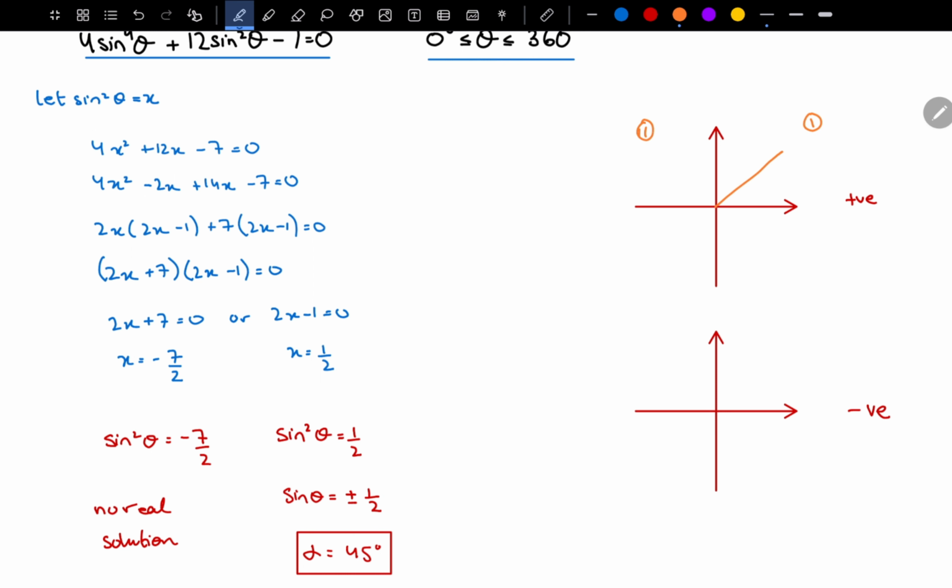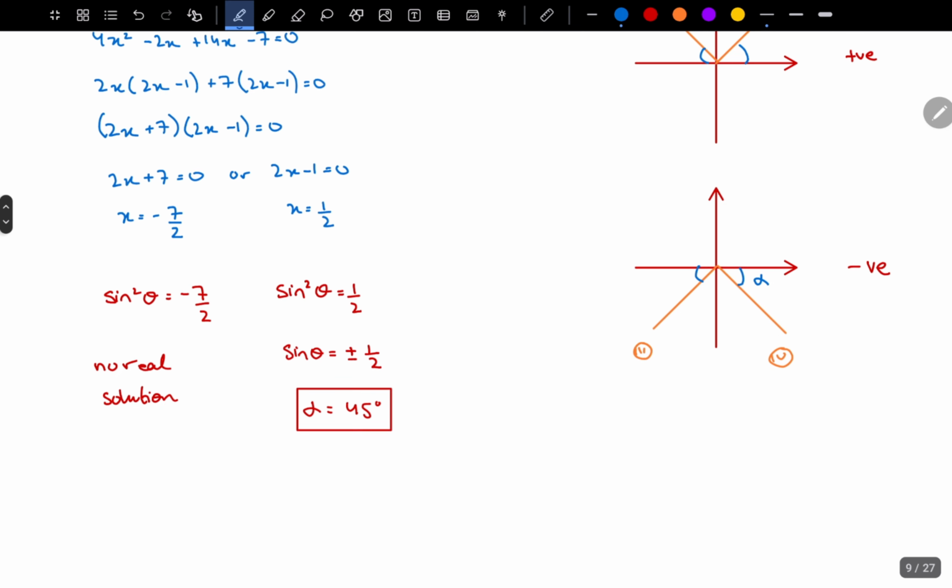So our graph will lie in the first quadrant and the second quadrant, and it will be inverted for the negative value because sine is negative in the third and the fourth quadrant. So our graph will lie over here and here, and these are our alpha values.